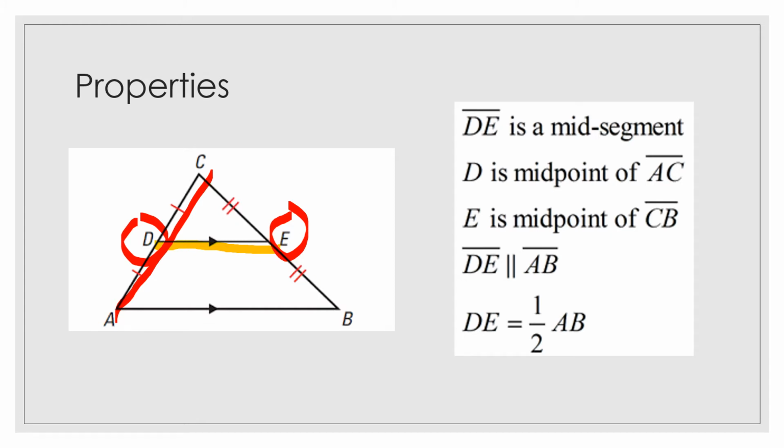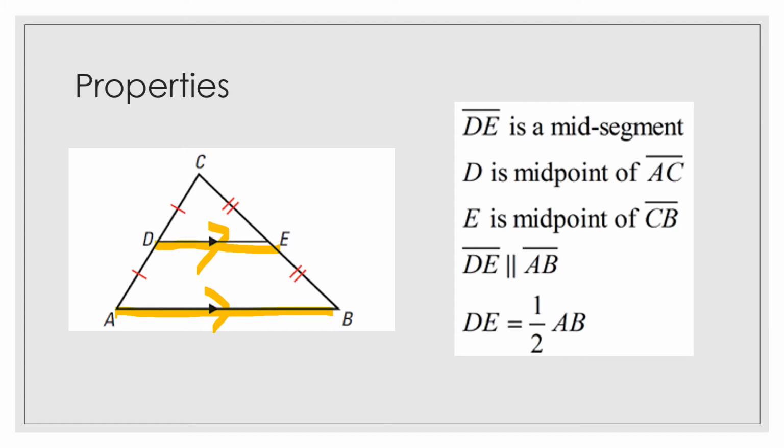So what we need to make sure we understand is that the midsegment, which is that yellow segment, is connected or formed by the midpoints of 2 sides of the triangle. We also know that segment DE, which is the midsegment, and segment AB are parallel to each other.